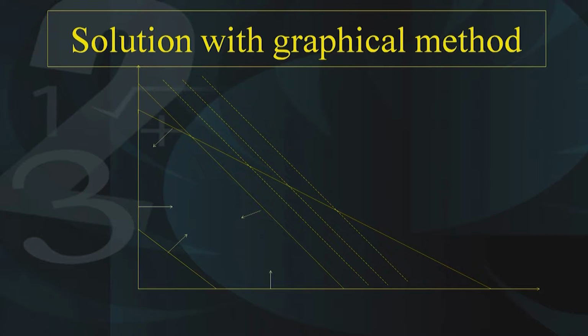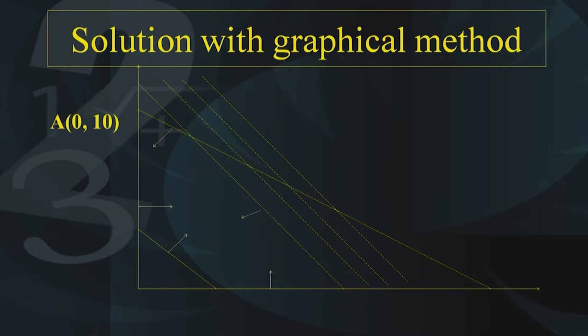Now, first of all, let us try to look at the solution using the graphical method. Each of the three constraints can be plotted, as I have explained in the graphical method. The first two constraints imply that the feasible domain is below the line, whereas the third constraint implies that the feasible domain is above the constraint.